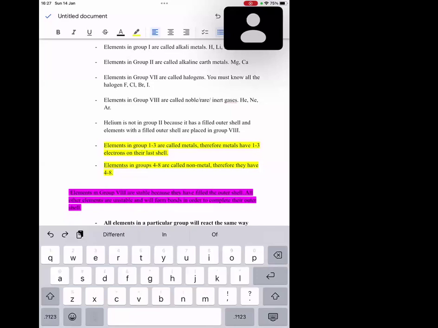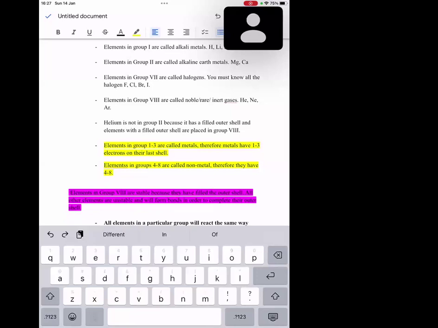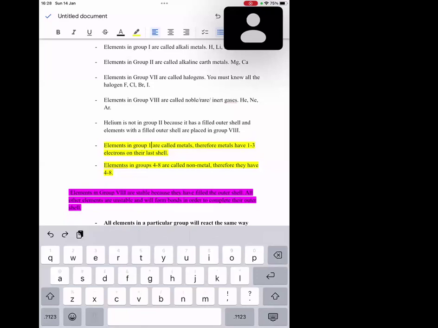So all the elements with 1, 2, 3 electrons on their outer shell, we classify them as metal. Elements which have 4, 5, 6, 7, 8 electrons on their outer shell, we classify them as non-metal. The group numbers are based on Roman numerals.